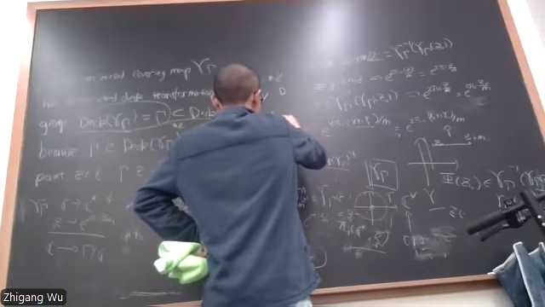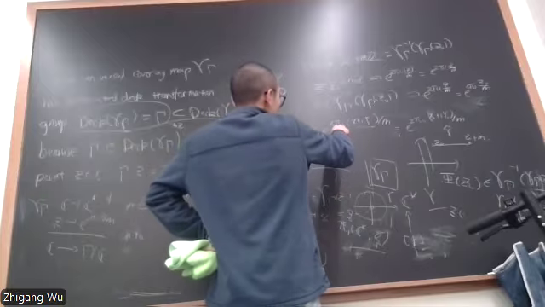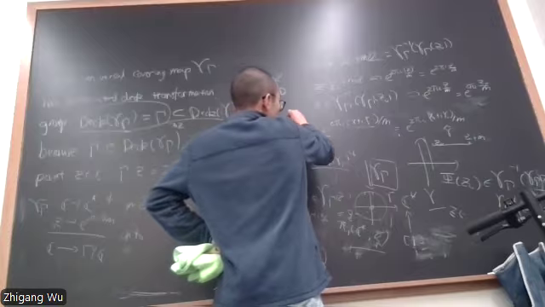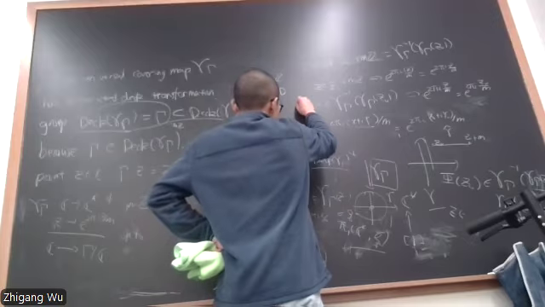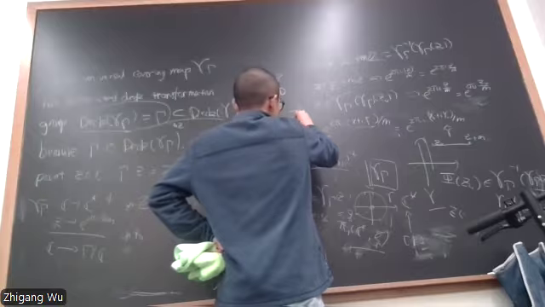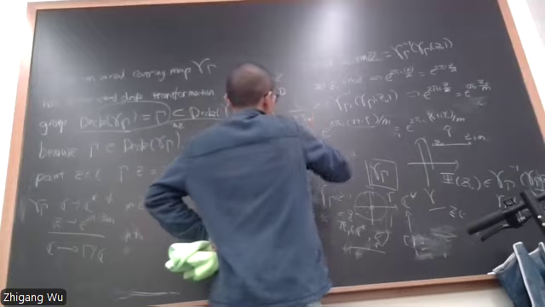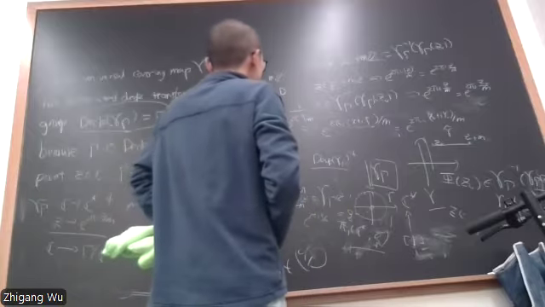This is the argument part. And then times e to the minus, so 1 over e to the 2 pi y over m. This is the real part.